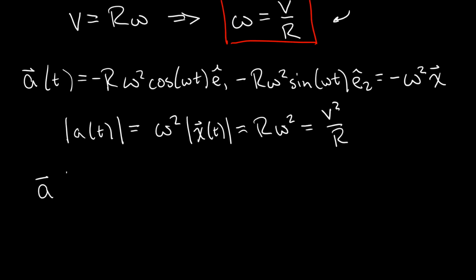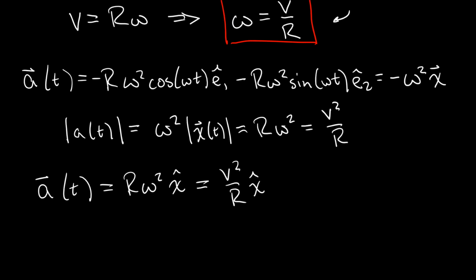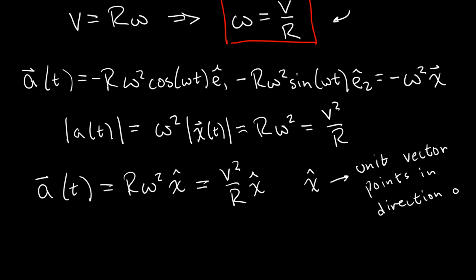So I can rewrite this as a of t is equal to r omega squared x hat, which is also equal to v squared over r x hat, where x hat is the unit vector which points in the direction of x.